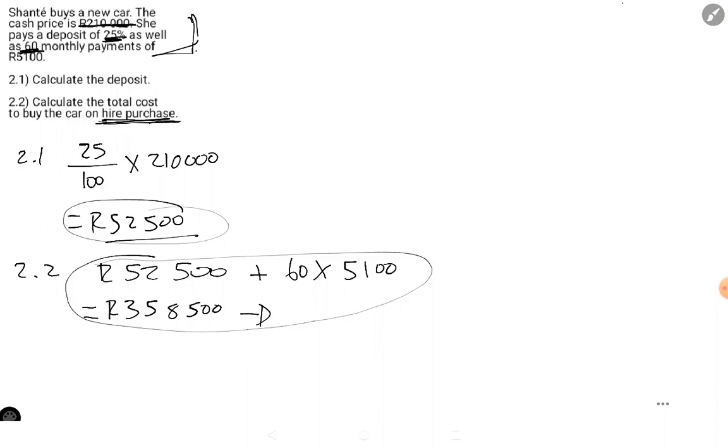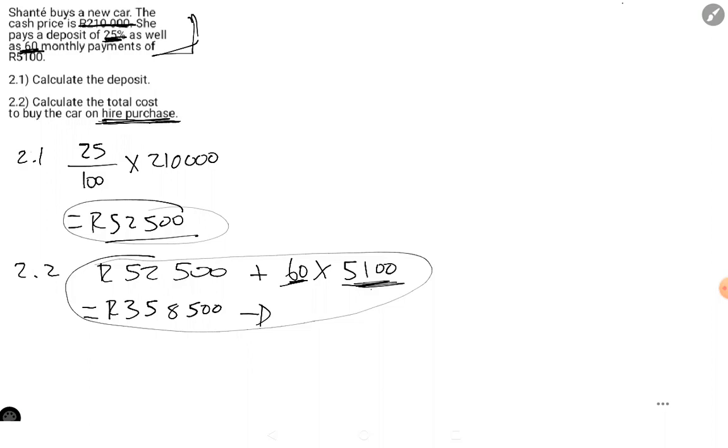So if Shanti's paid a deposit of 52,500 rands, there's an amount that's left over, and she pays that amount over 60 months, which is 5,100 rands per month. So that's why you've got 60, which is monthly, times 5,100.